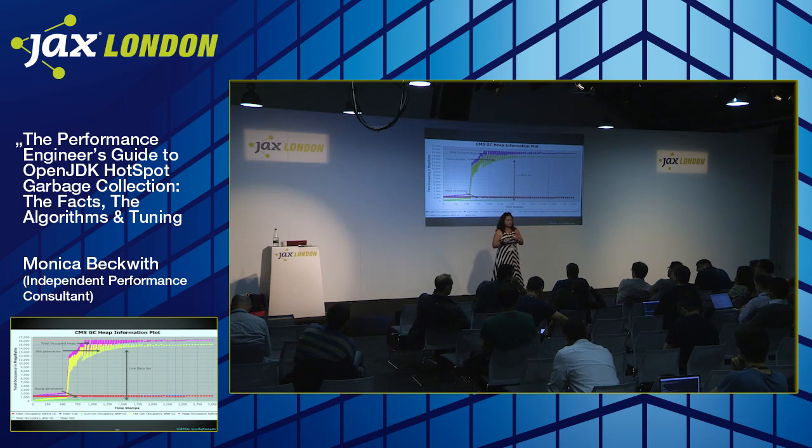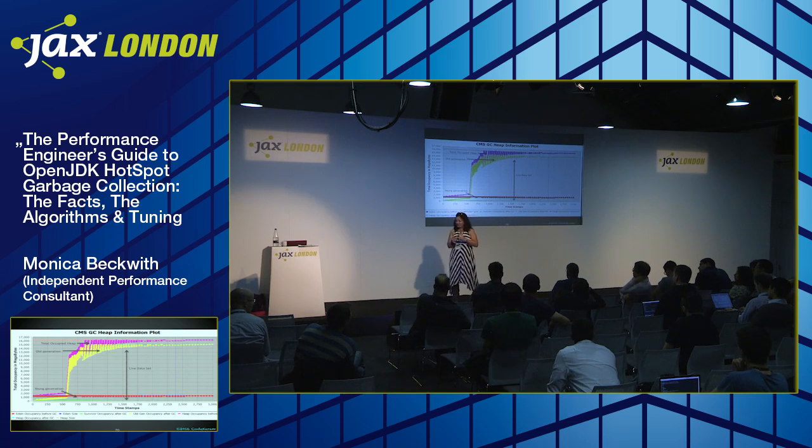Yes? If you're working from Java 7 onwards, what are the benefits of using G1 over CMS when you've got options to tune your pause time and also the initial heap allocation percentage? The advantage of moving from CMS to G1 GC is that you're not going to have concurrent mode failures.